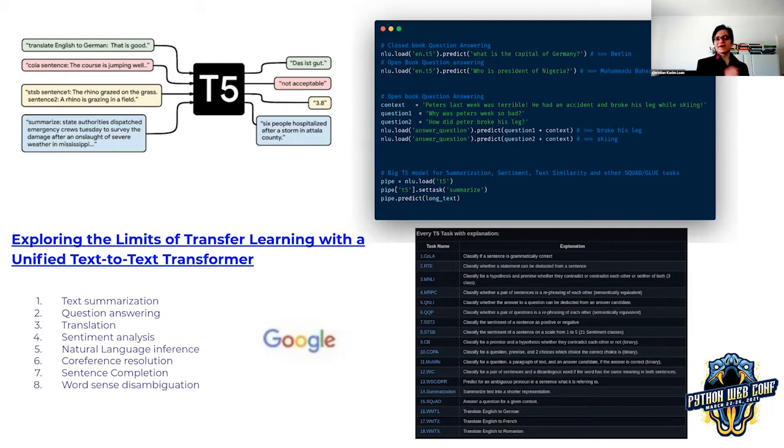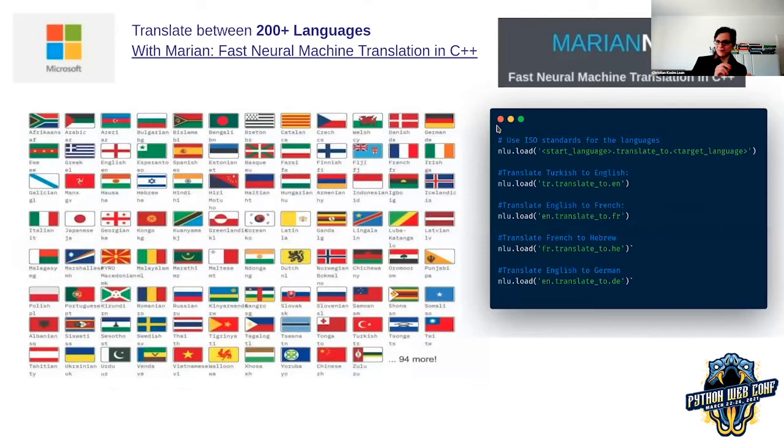And also sentence similarity, which can also have a lot of valuable applications. And you can already see here, it's so easy. In one line, you can answer questions, open book questions, and even closed book questions, which we will see in a second more in detail.